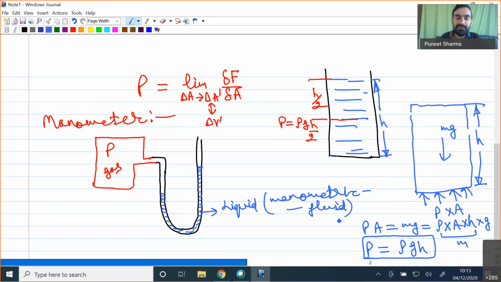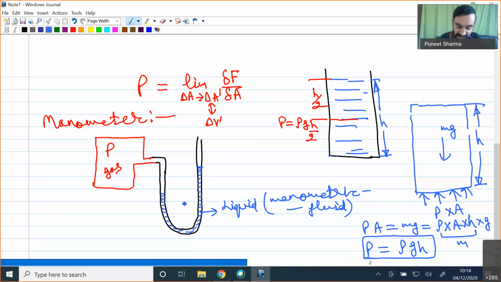Generally we use water, alcohols, or mercury as different manometric fluids while employing a manometer for measurement of pressure, depending upon the magnitude of the pressure, the type of the fluid we are measuring, and sometimes also the orientation of the manometer.